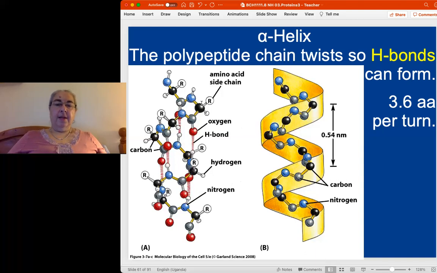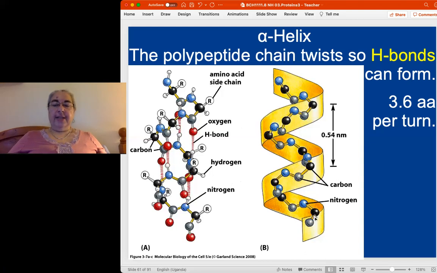Okay. The side chains of the amino acids are sticking out on both sides of the backbone, and they're not actually involved in this formation of the helix. Okay, and then the helix is stabilized by hydrogen bonds here, here, here, and so on.